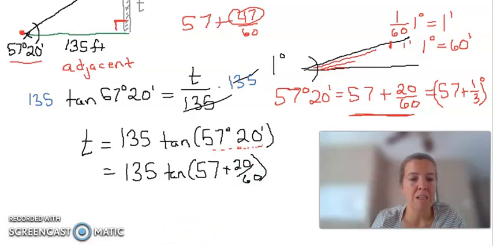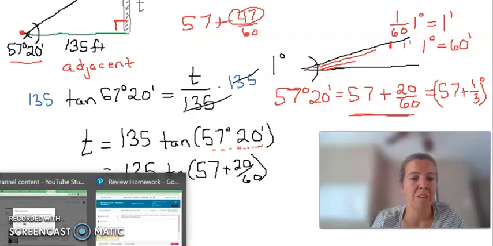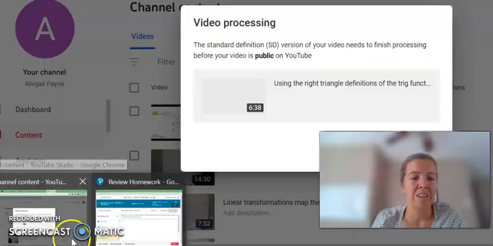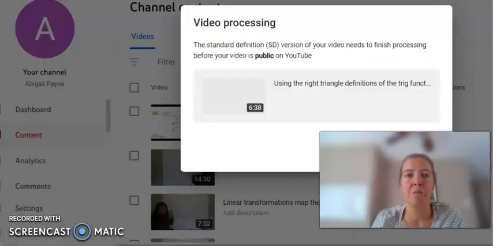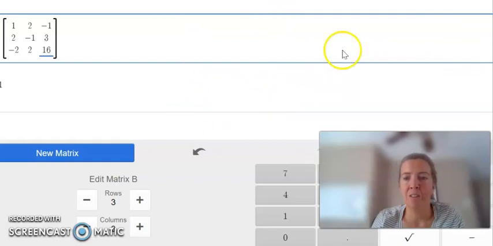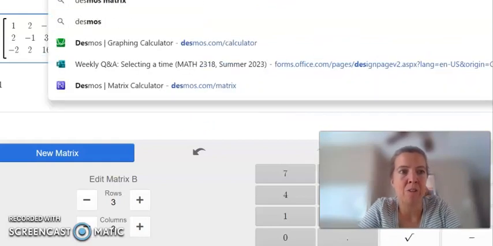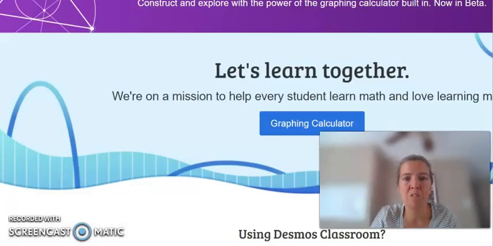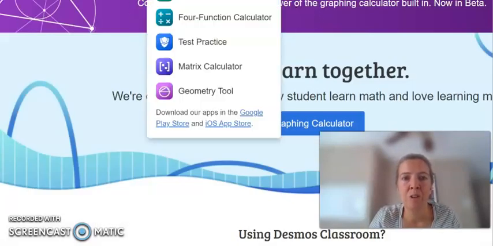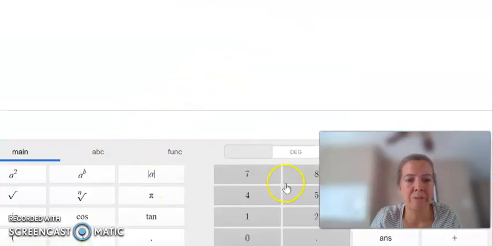Now let me see, I didn't open a calculator ahead of time. I'm going to go to plain old Desmos, and I know in the window you can't see everything I'm doing, but I'm going to choose scientific calculator.